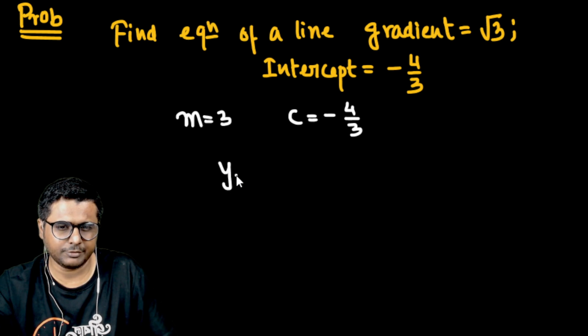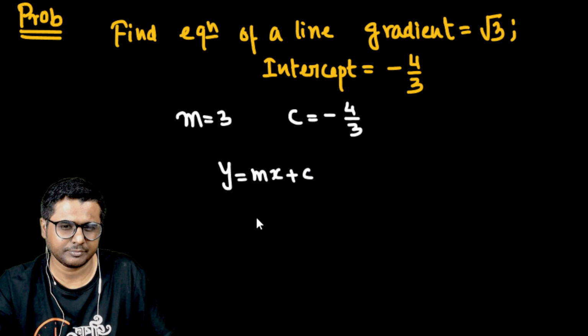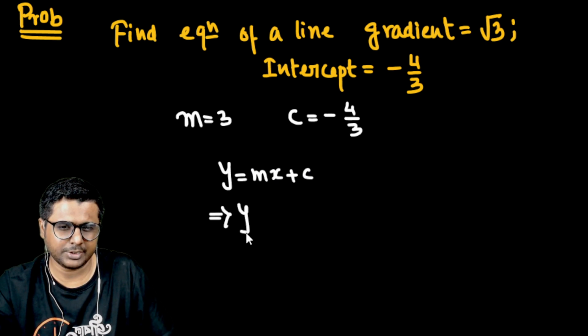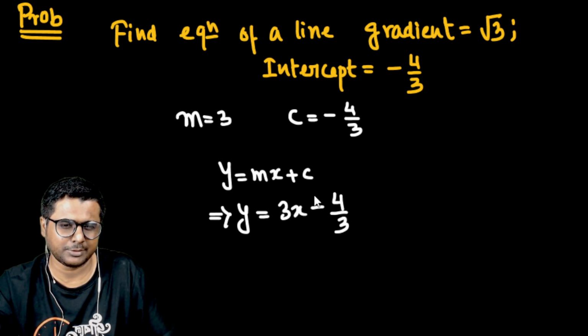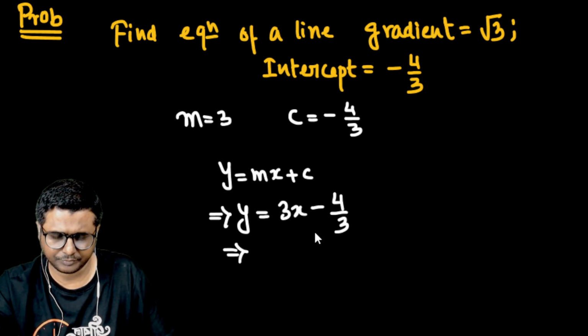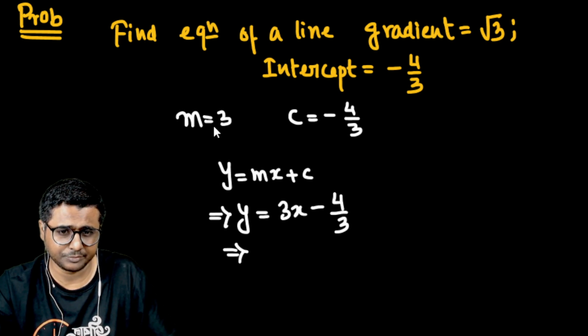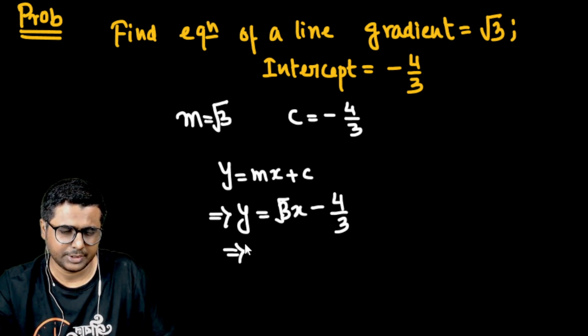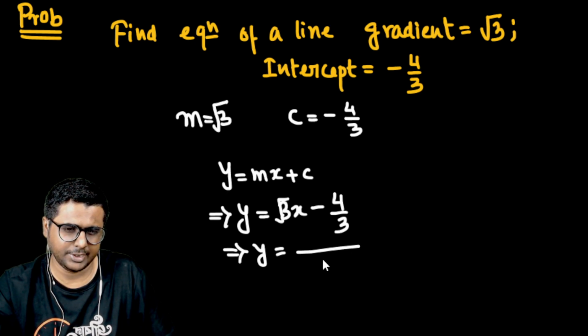What is the equation of a straight line? The general equation, y is equal to mx plus c. So in place of m you write root 3 x and in place of c write minus 4 by 3. So plus minus minus. It is root 3, no problem. Then you can have an LCM over here, 3.